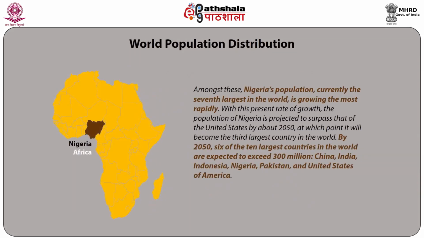Amongst these, Nigeria's population, currently the 7th largest in the world, is growing most rapidly. With the present rate of growth, the population of Nigeria is projected to surpass that of the United States by 2050, at which point it will become the 3rd largest country in the world. By 2050, 6 of the 10 largest countries in the world are expected to exceed 300 million.